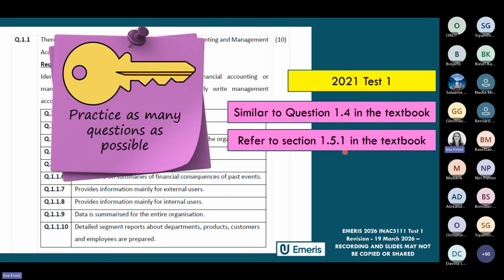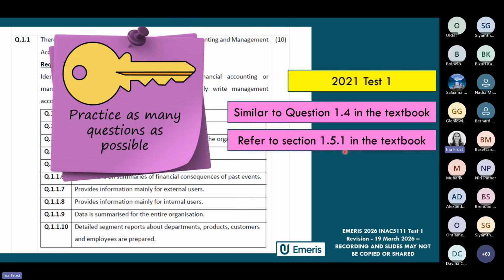Your job now, before the upcoming assessment, is really just to practice as many questions as possible, because that will help you to see all the different ways in which we can ask you this information, so that when you come into the assessment, it is not going to be a shock or a surprise to you and say, oh goodness, now I don't know what this means.